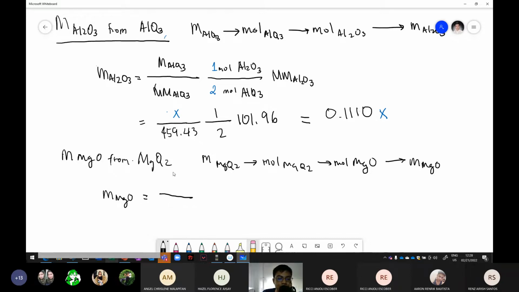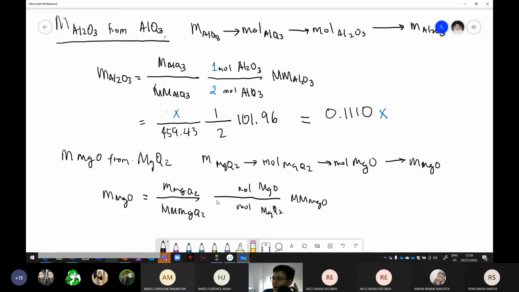Okay, so feeling ko pag na-master nyo to, kahit tulog kayo, masasagutan nyo siya. So mass of magnesium quinoline, molar mass of magnesium quinoline, and then the stoic factor, mole, another mole, okay, and MgQ2 molar mass, Mg.